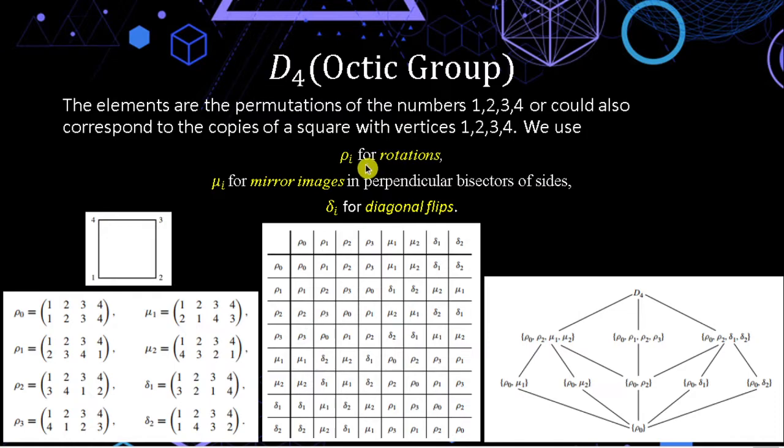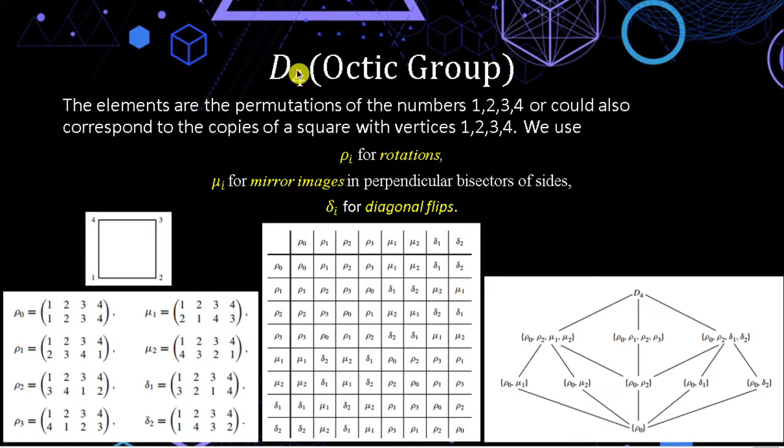So, as we said earlier, for D sub n, there are n rotations and n reflections. These are the 4 rotations normally denoted by rho sub i. Rho sub 0 takes the identity element, and the other rotations, rho sub 1 up to rho sub 3, stop there because we are talking about a square. We are in D sub 4.